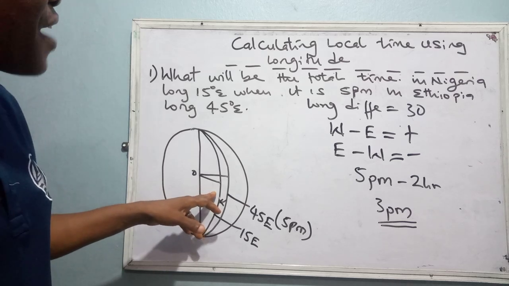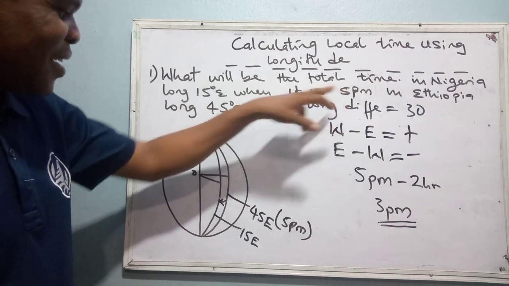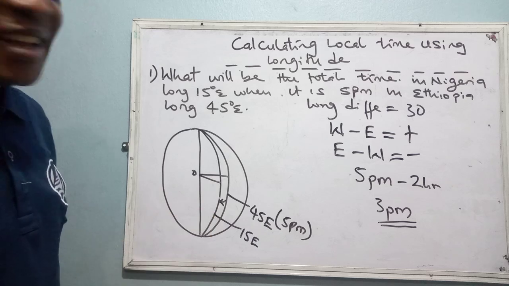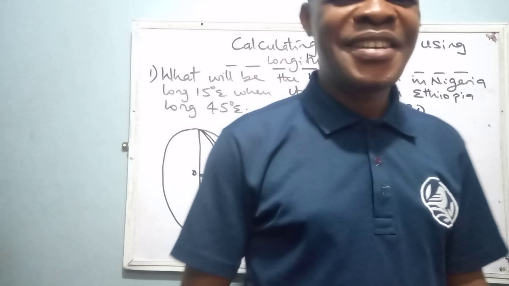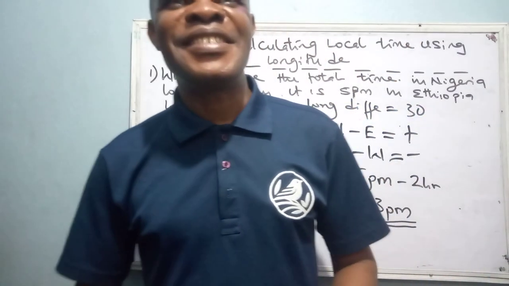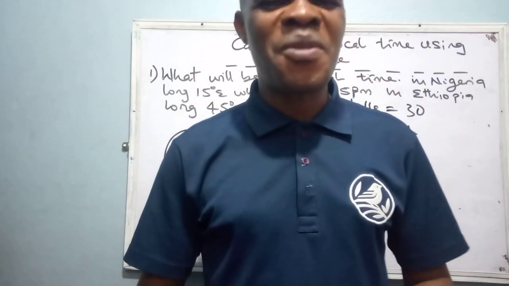When it is 5 p.m. in Ethiopia, it is 3 p.m. in Nigeria. So that's how to use the longitude to calculate the time differences in different places of the world.